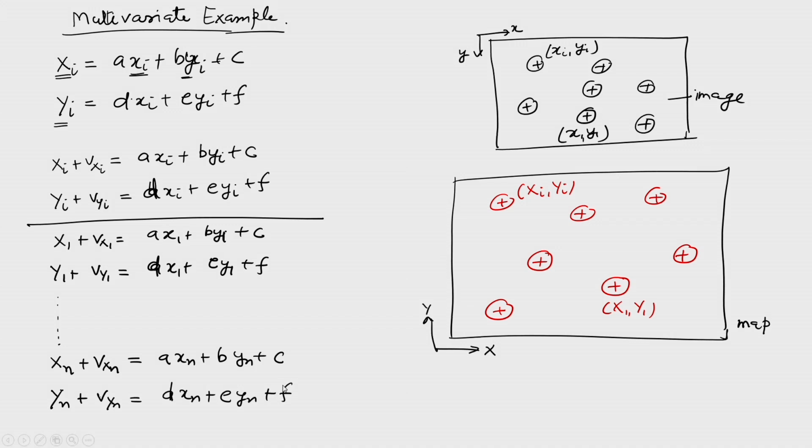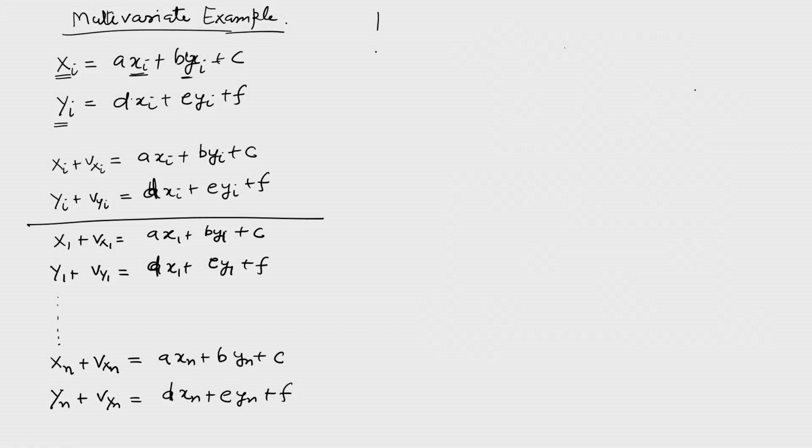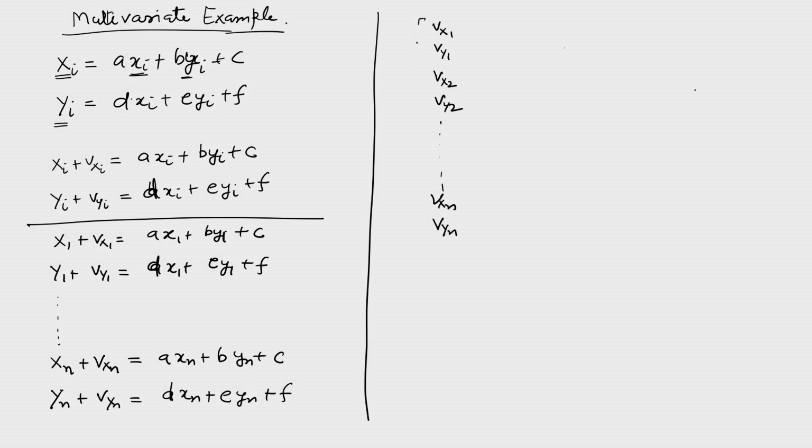So how can I write the V matrix and all this? Here I write Vx1, Vy1, Vx2, Vy2 and so on, up to Vxn, Vyn. Then I am transferring this to the right-hand side.